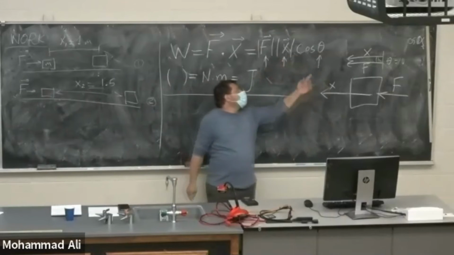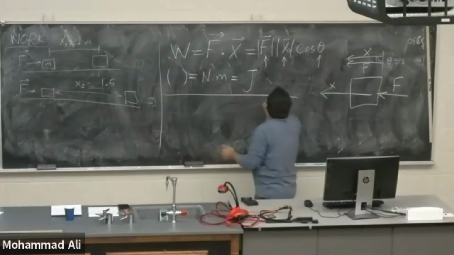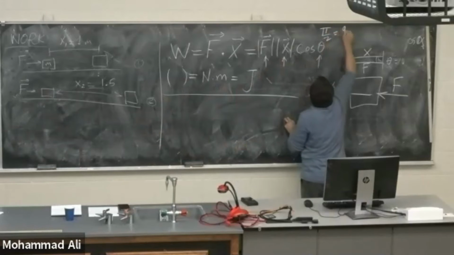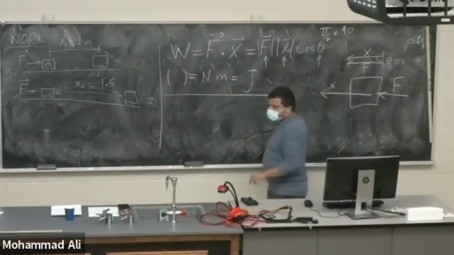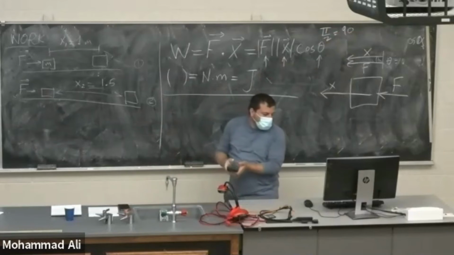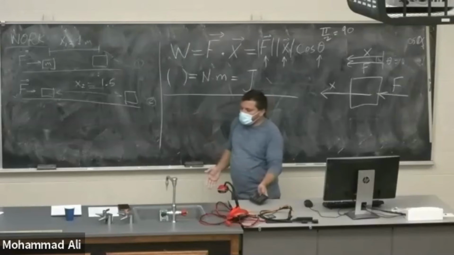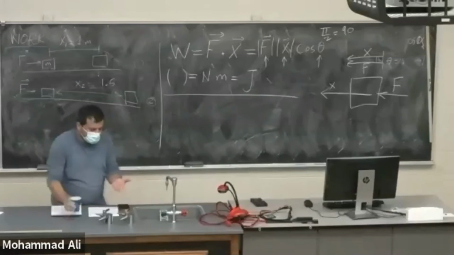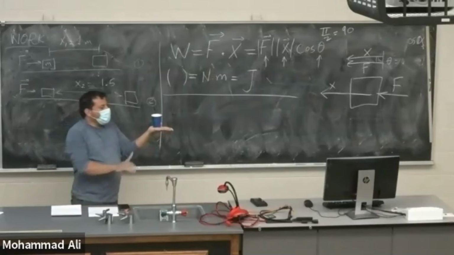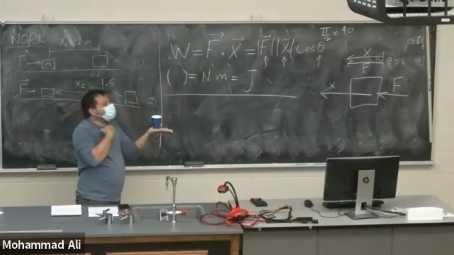The third thing is cosine theta. I need cosine theta to be 0, then theta is equal to pi over 2 or 90 degrees. If I carry this cup, I am applying a force upward, and I am moving like this.